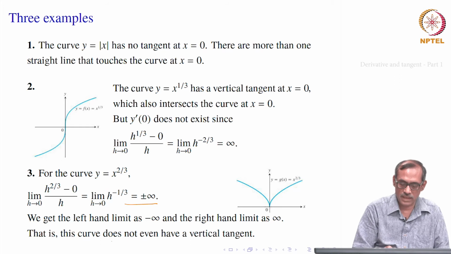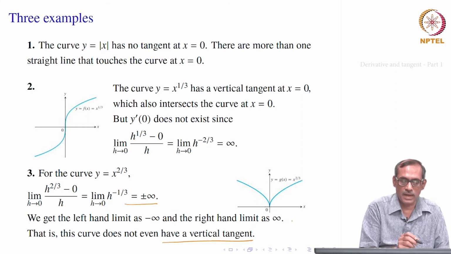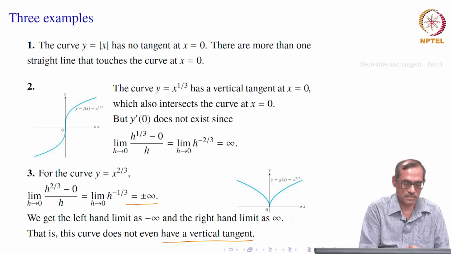So, you would say that the curve does not even have a vertical tangent. Fine. So, these are typical examples where there will be a difference between the derivative and the tangent, the slope of the tangent which should be the derivative. So, there is a difference.